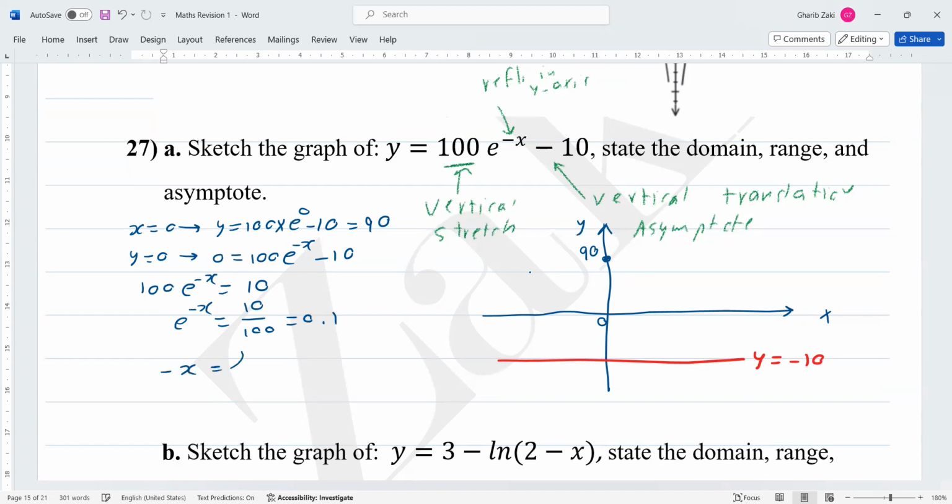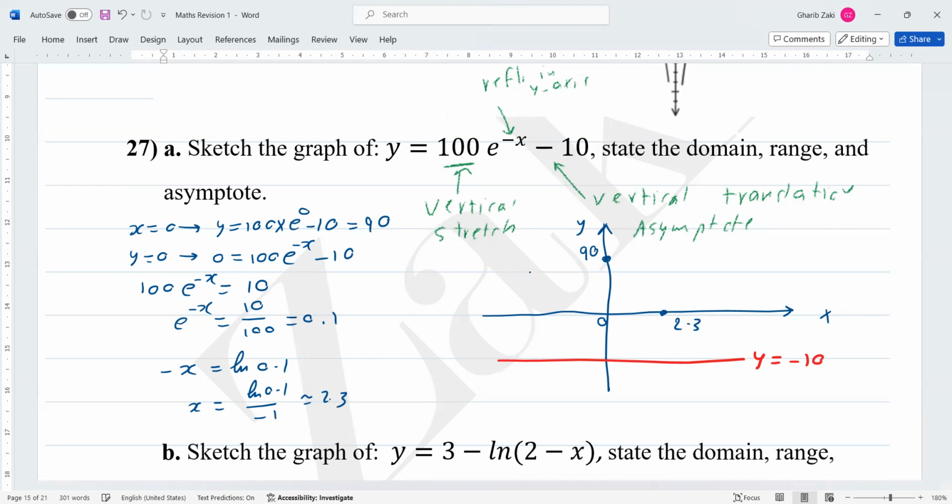So negative x equals len 0.1. Then x equals len 0.1 divided by negative 1. I do this on the calculator: len 0.1 divided by negative 1. The answer is 2.3 approximately. Then the curve intersects x-axis at the point 2.3.